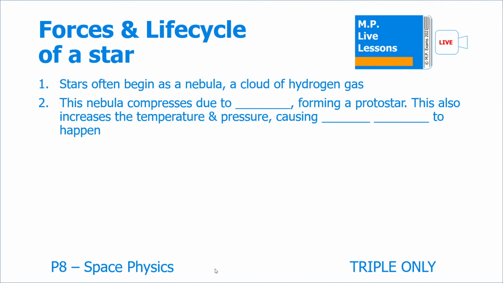Then, due to gravity, this nebula will come closer together. All the gases will just compress together, and this forms a protostar. Now, as they come together, their temperature will rise and go higher, and this can cause nuclear fusion to happen.